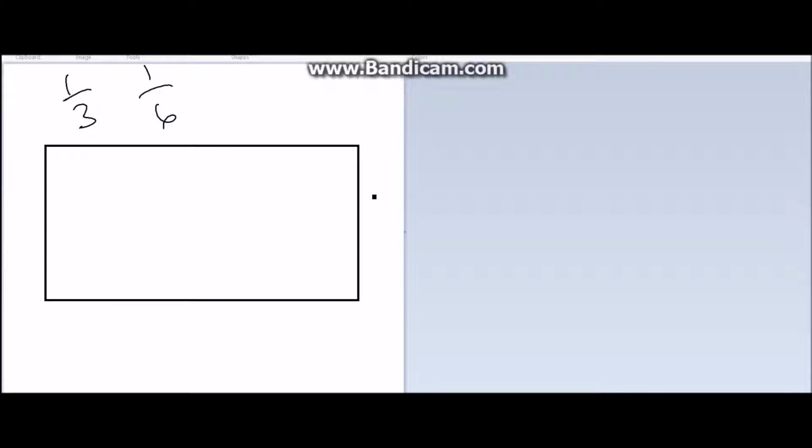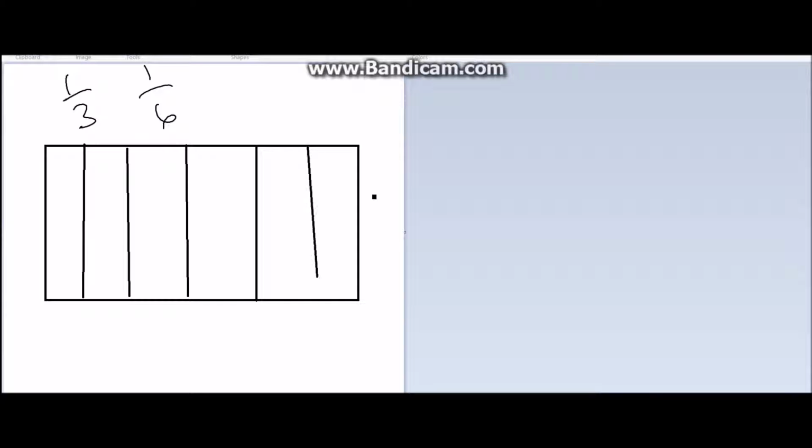To do that, I'm going to break it up into 3 equal parts. I know it's not, but forgive me. And then from there I can split it up again. So if we count it out, I should have 6 equal parts here: 1, 2, 3, 4, 5, 6.